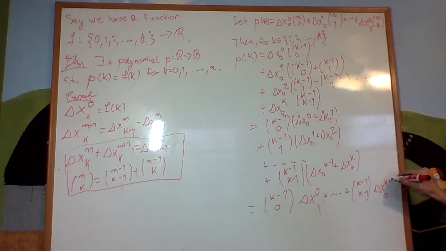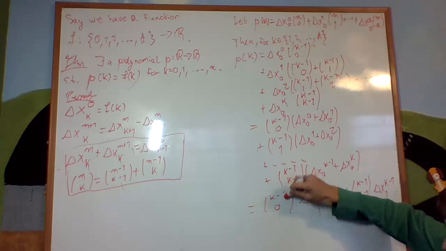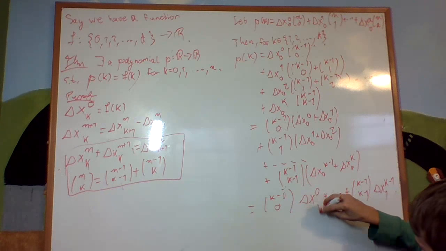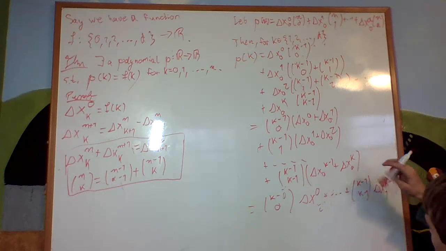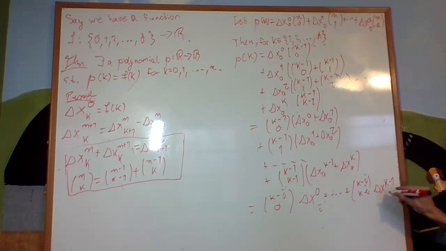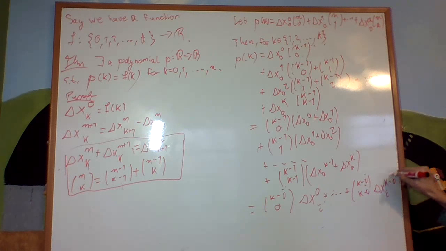Then you can imagine this would work for the ith term by replacing all those 1s with i's. You can prove this yourself. Replace all those 1s with i's.